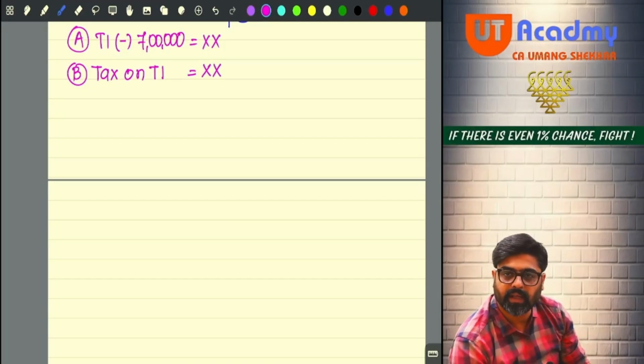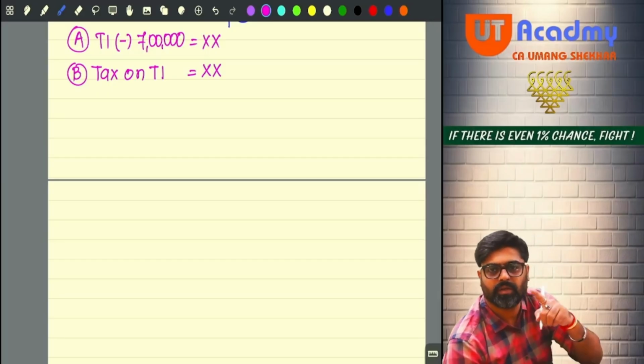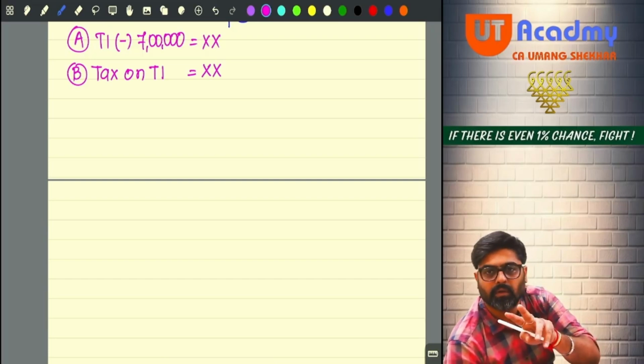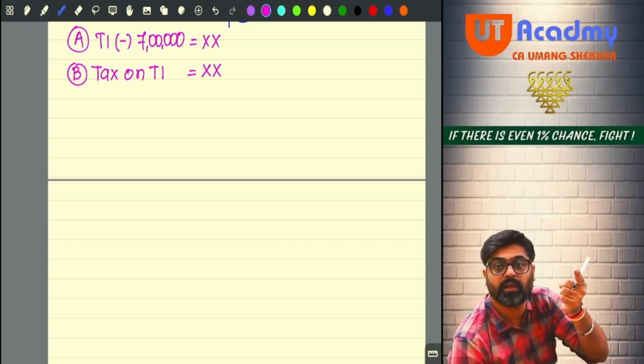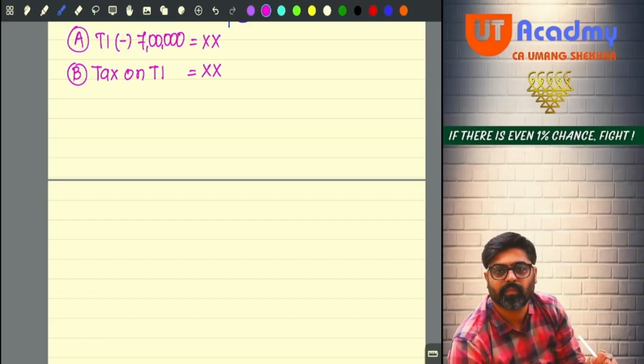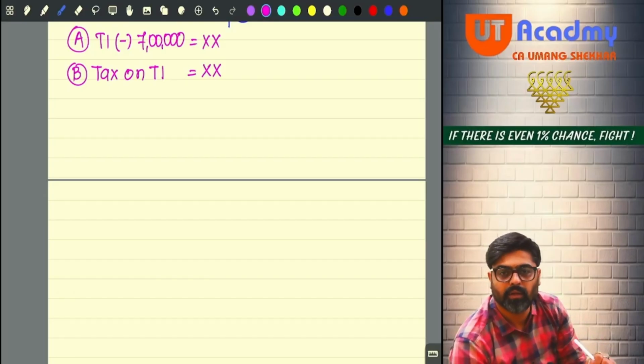Can you calculate the tax liability on your total income 7 lakh 5,000? Yes, very easy. First 3 lakhs no tax. 3 lakhs to 7 lakhs, that is 4 lakh. On that you will apply 5%. It will be 20,000. And above 7 lakhs it is 5,000 only. On that 5,000 you will apply 10%. It will be 500 only. So your tax here will be 20,500.